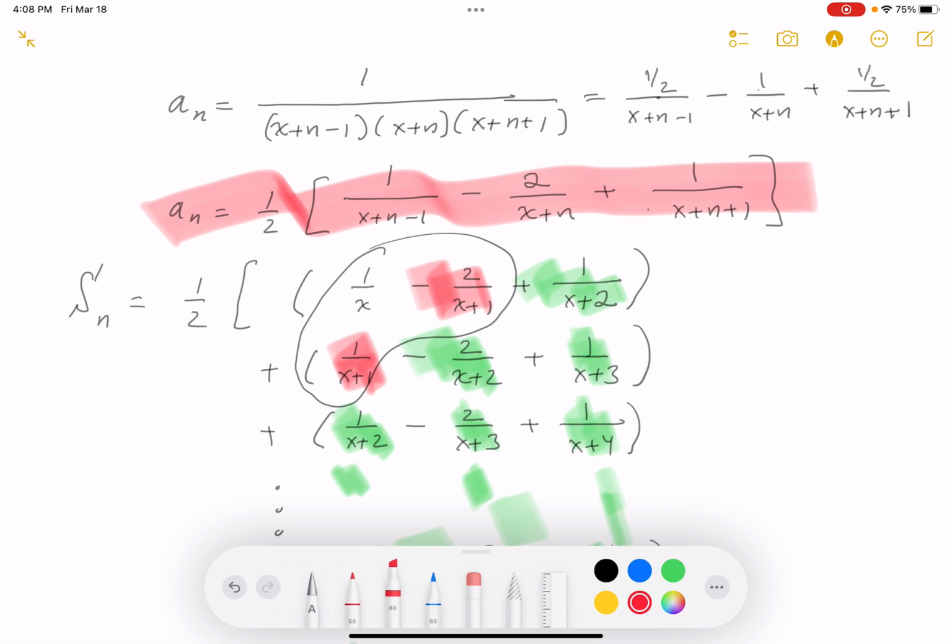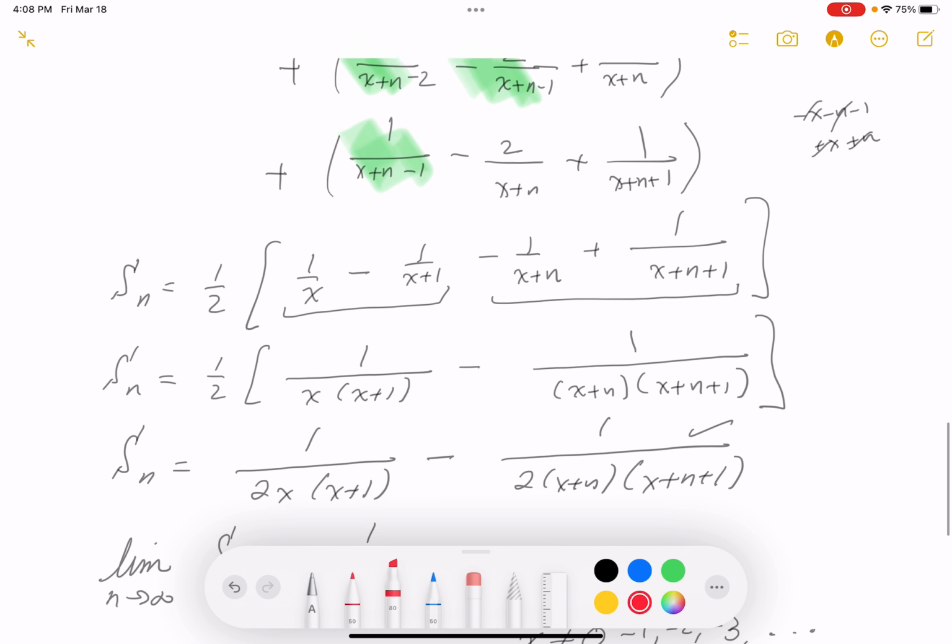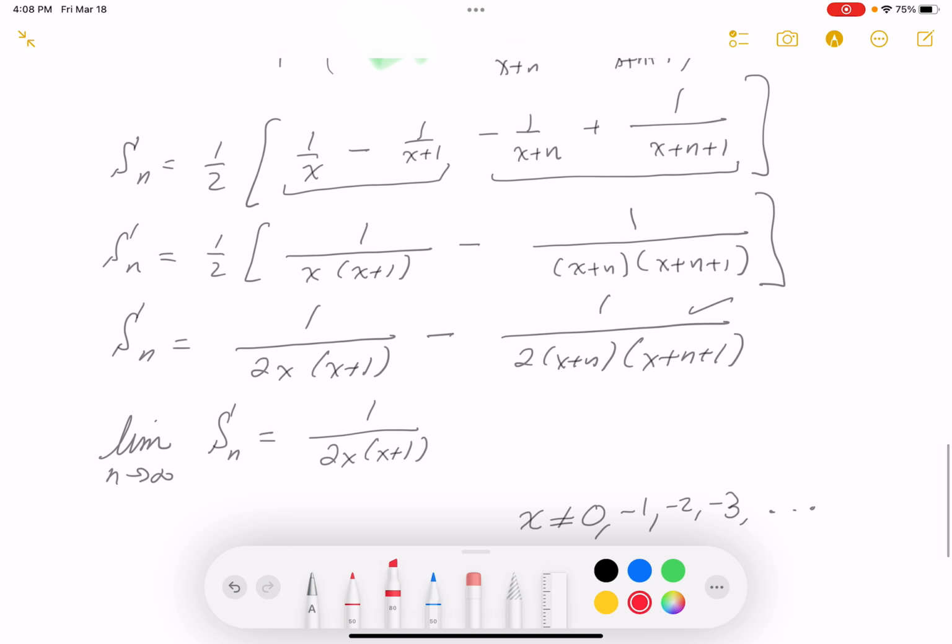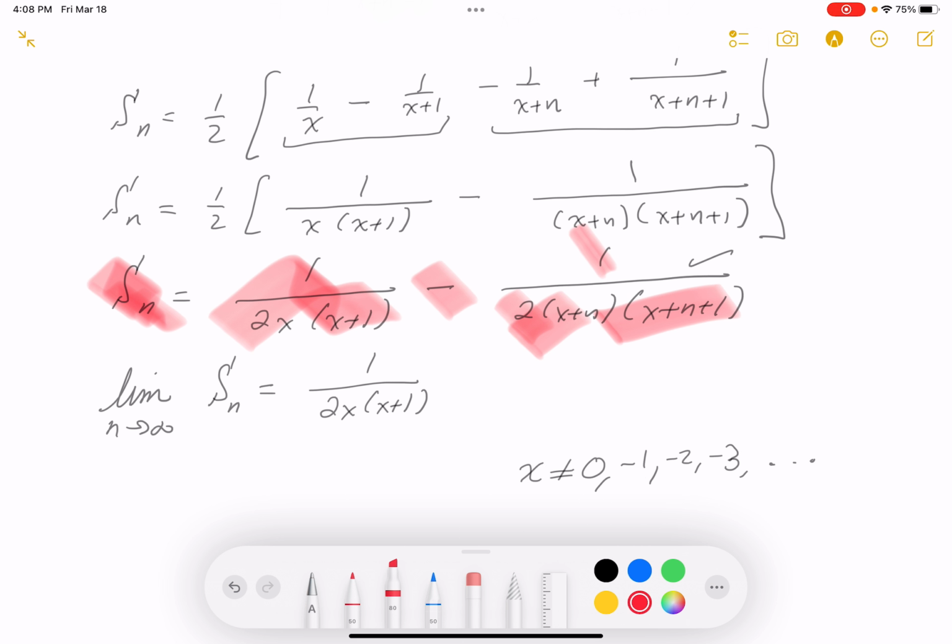Did I get SN? This is my SN. I see that. We're doing okay. Did I get S infinity? Yes, I did. Do I see x can't be those numbers? I do. By the way, there's an error in my key. X also cannot be 0. I've got to put that down, but I'll correct it. Thank you.